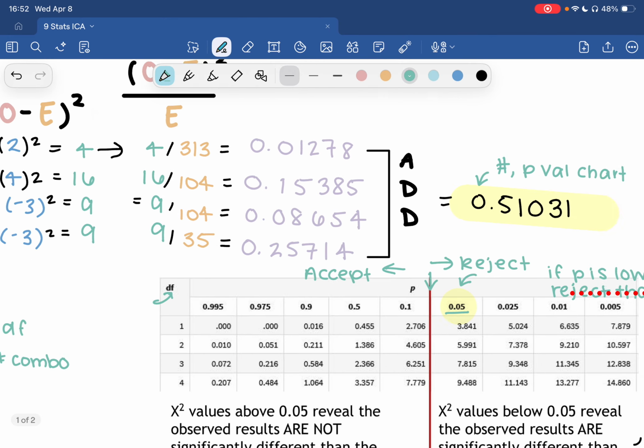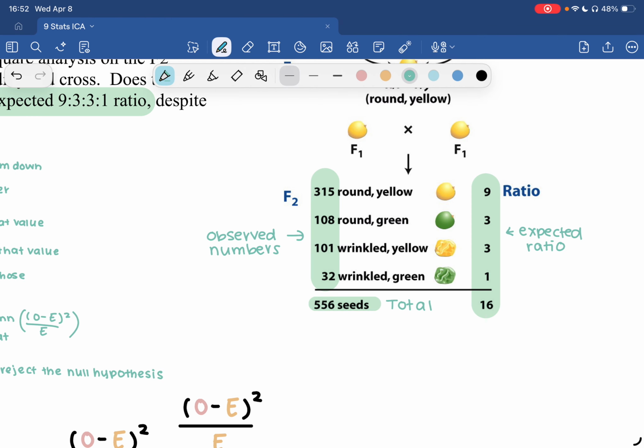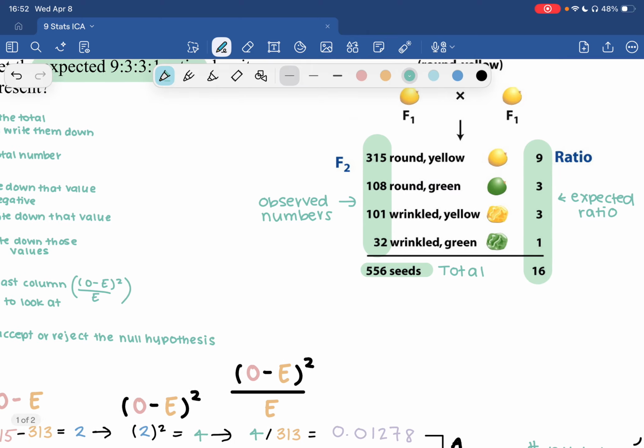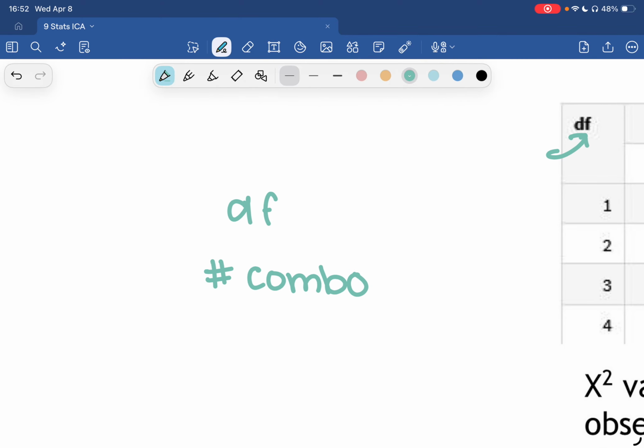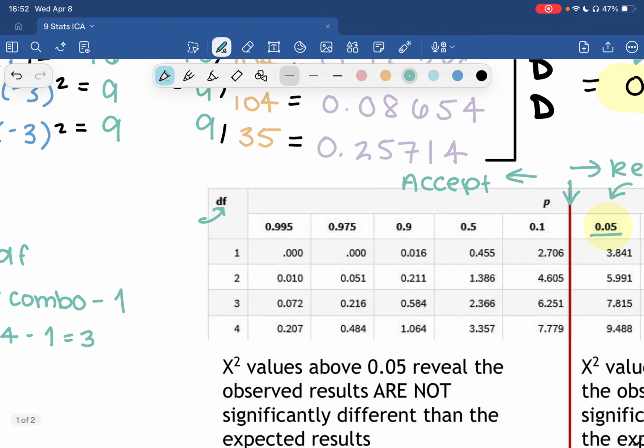So up here would be your combinations: round yellow, round green, wrinkled yellow, wrinkled green. So you're going to take your total number of combinations and you're going to subtract 1. So in our case, we're going to take 4 combinations minus 1 would be 3. So then when we are looking at this chart, we need to be looking here in this third row.